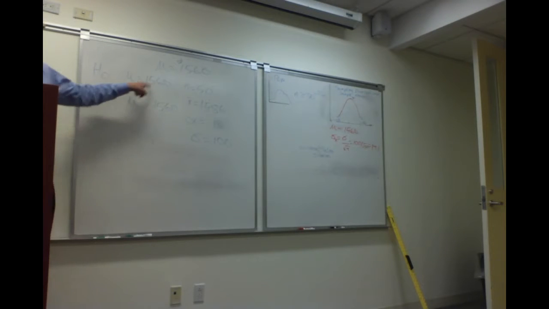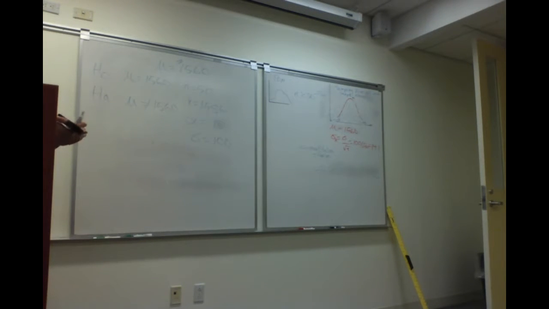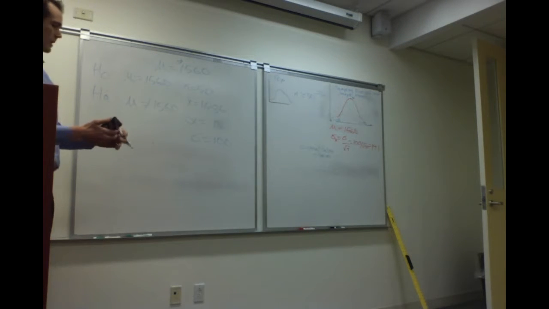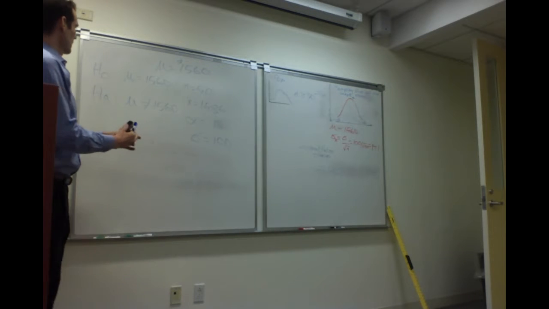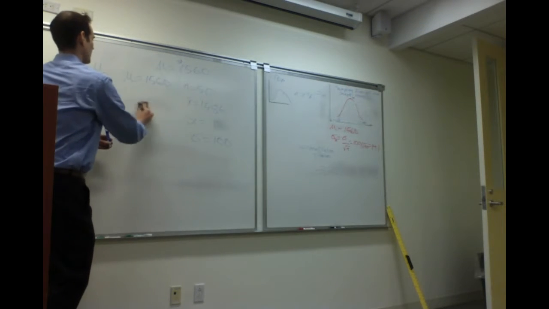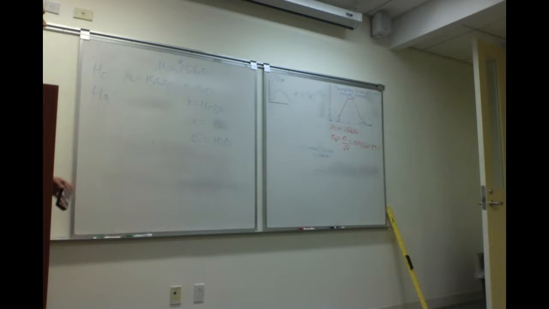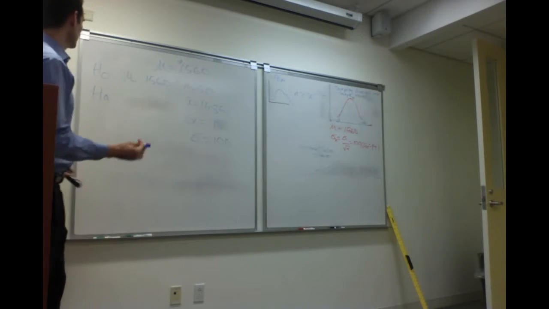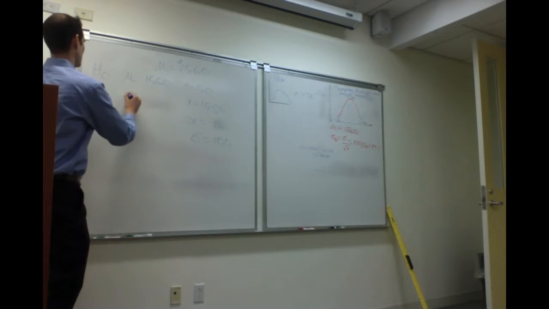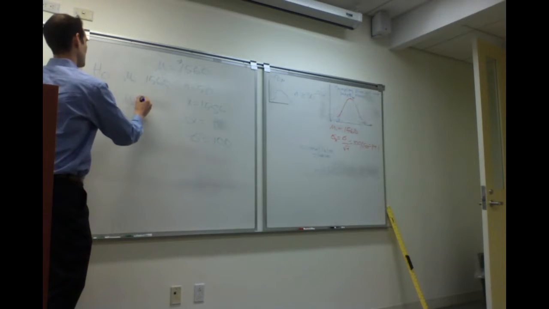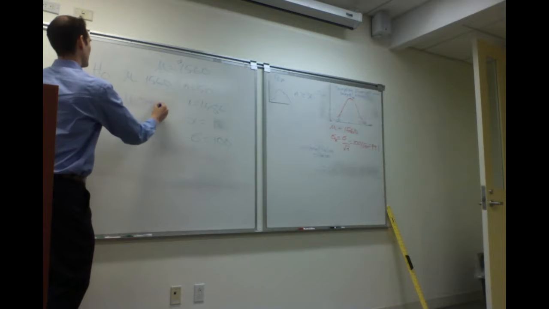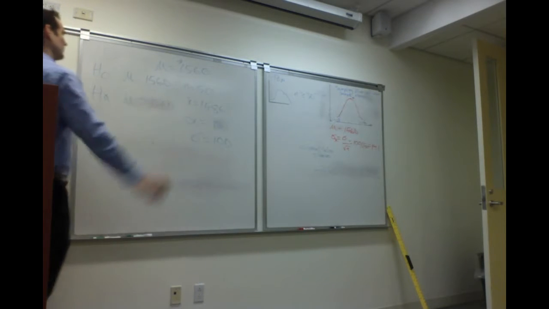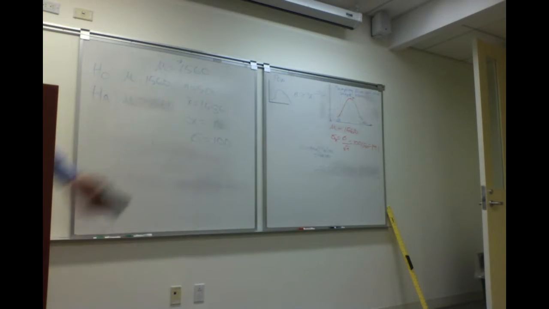I'm going to say I assume what you say is true, that the mean rent for one bedroom in St. Louis is around $1,560. But I'm going to frame it differently. I think it's higher. So I'm going to set up an alternative hypothesis where I think the mean is greater than $1,560.